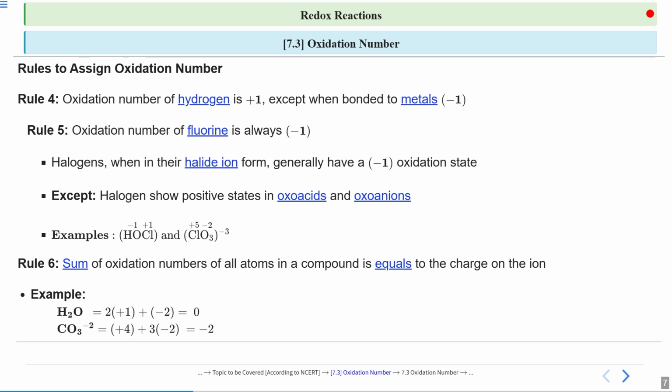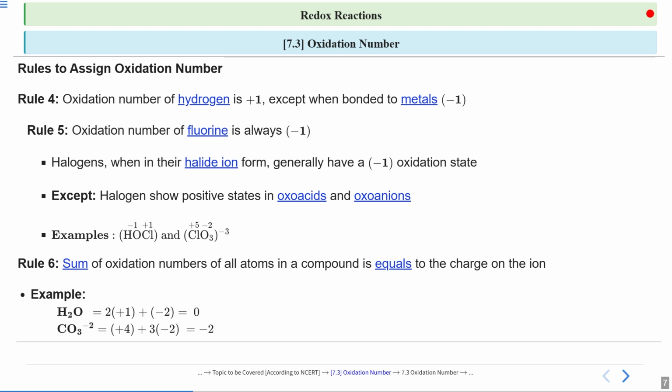These 6 rules are enough to calculate the oxidation number for any compound. You can easily find the oxidation number of any species in any chemical reaction that is provided to you.